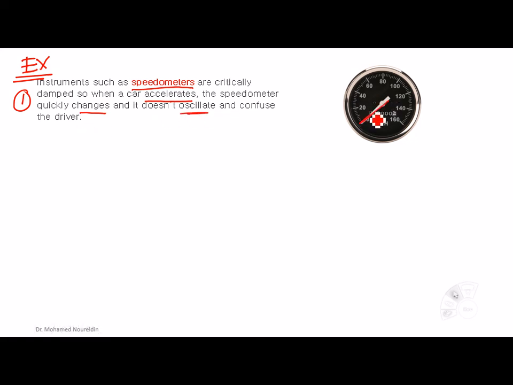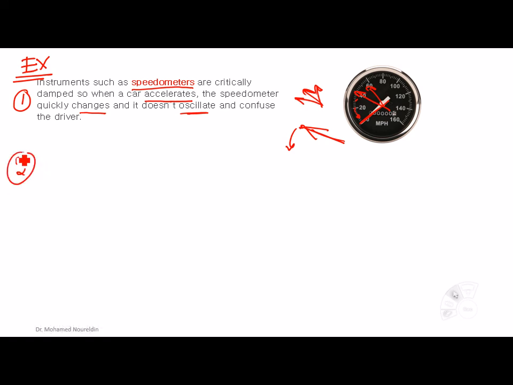This line goes here and then it goes back directly. It is not going here and then here and then here. No, we want it only to reach the point and then go back again, in order not to confuse the driver.